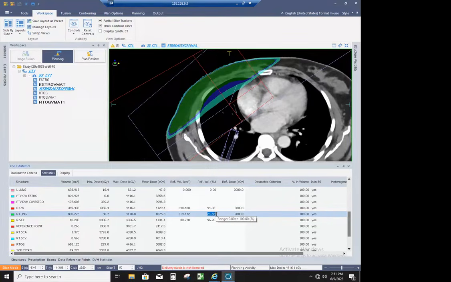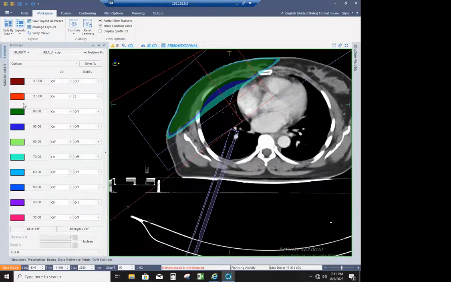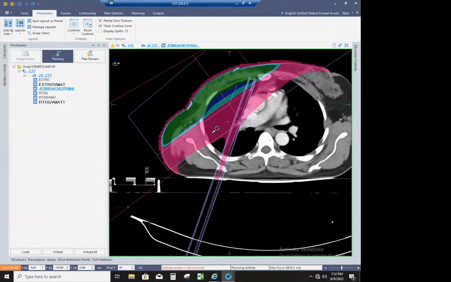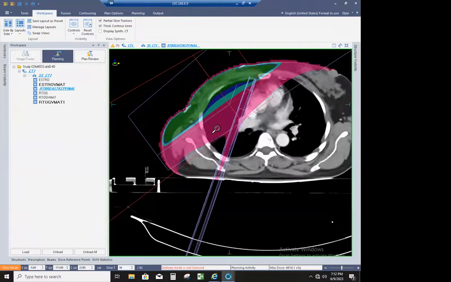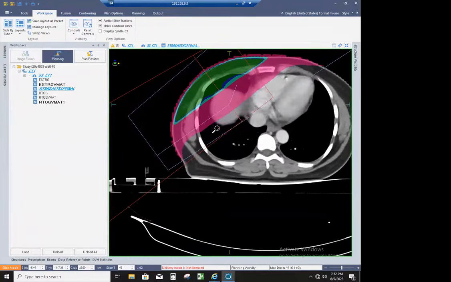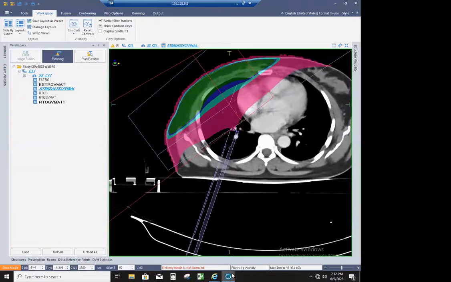So with 3D, the lung dose may be slightly more, but low dose volumes will definitely be less. So don't spread your low dose volumes to the other side of the lung and heart areas. These are all the things I want to tell you today.